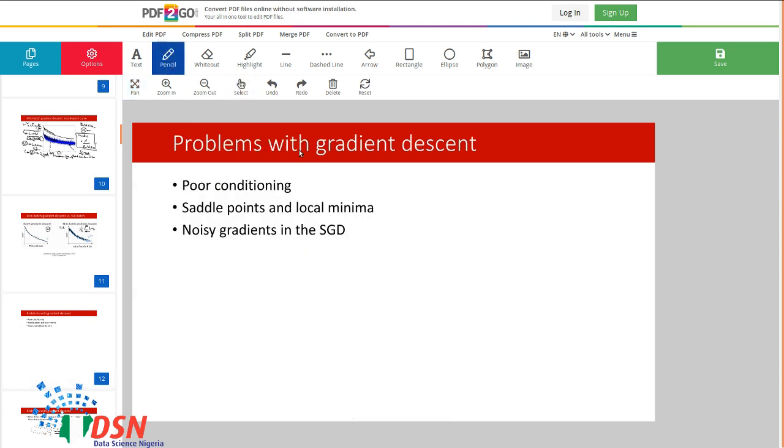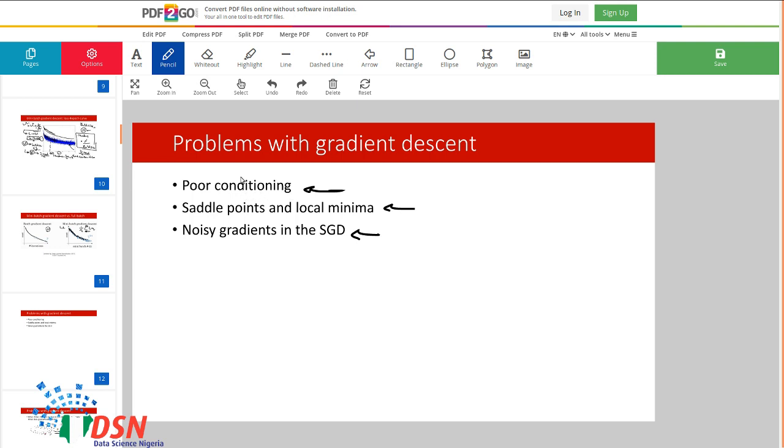Okay, so now we want to know what problems we have with gradient descent and how to solve some of them. We will talk about each of them in the next slides.